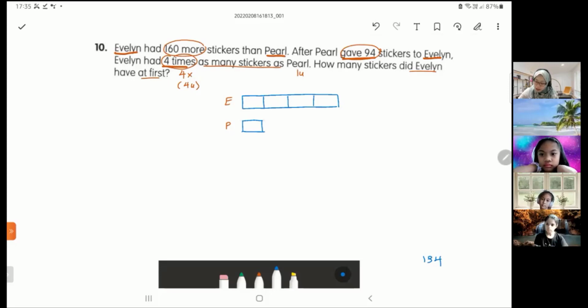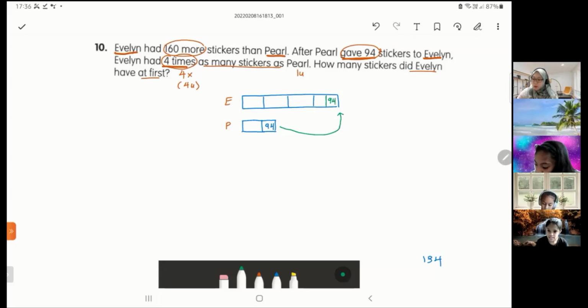So which means this Pearl actually had a bit more extra. At first, this is at first. This is at first. 94. Pearl gave to Evelyn. This one goes up here. And when that 94 goes up there, it is somewhere here.